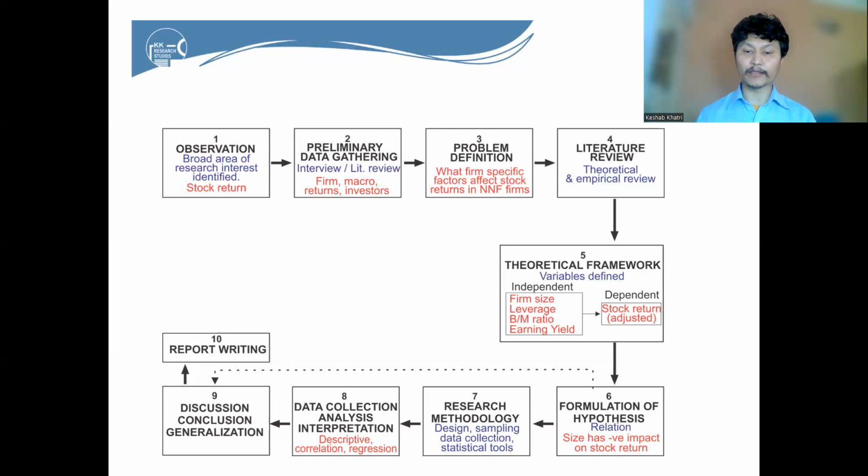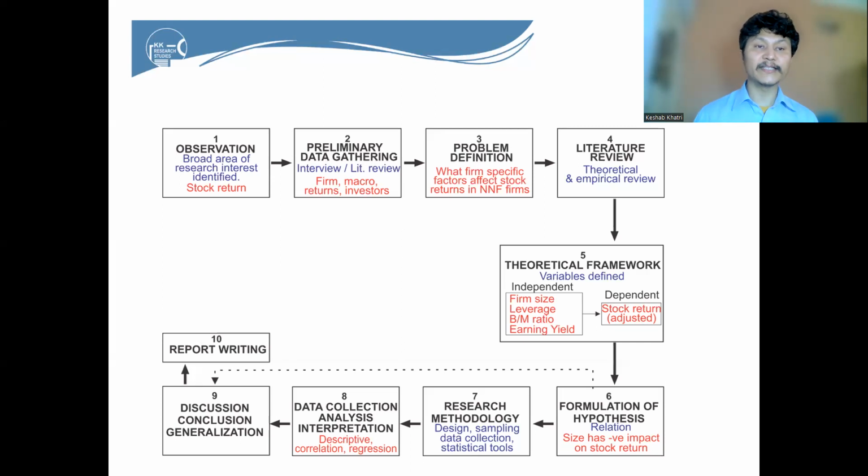Now, once we have the hypothesis, then we move on to the next step, that is the research methodology. Now, this research methodology is again a very important part of the research, because this is the part where we actually have to mention everything about how we are going to collect the data, what the data sources are, what will be the population size, what will be the sample, everything we have to discuss.